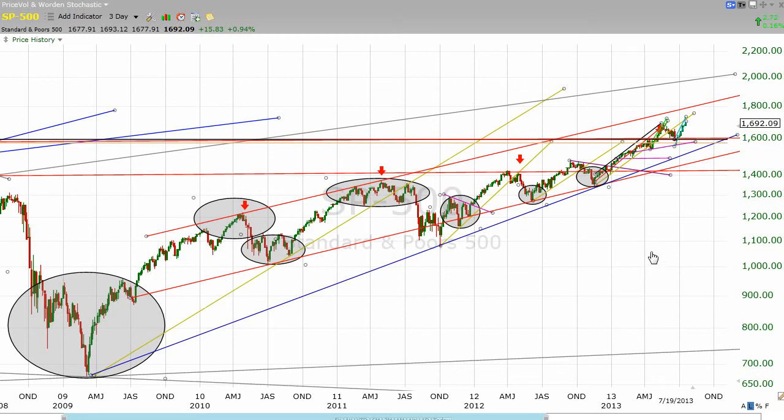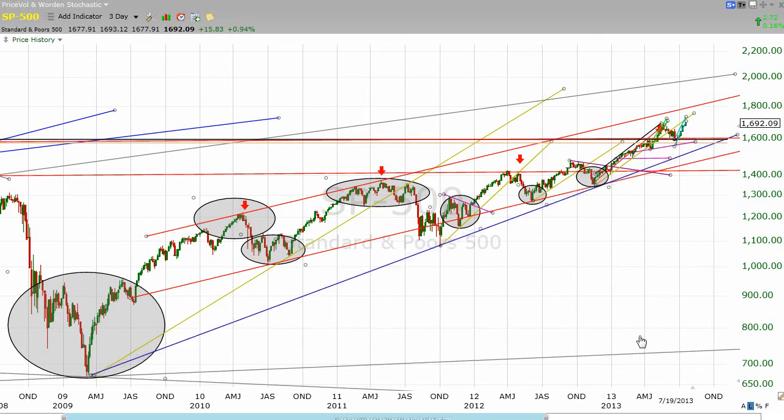But no, the low was actually, I believe, October 3rd of 2011. We tagged this line again in mid-fall of 2012. And we're well above this line as we sit today.